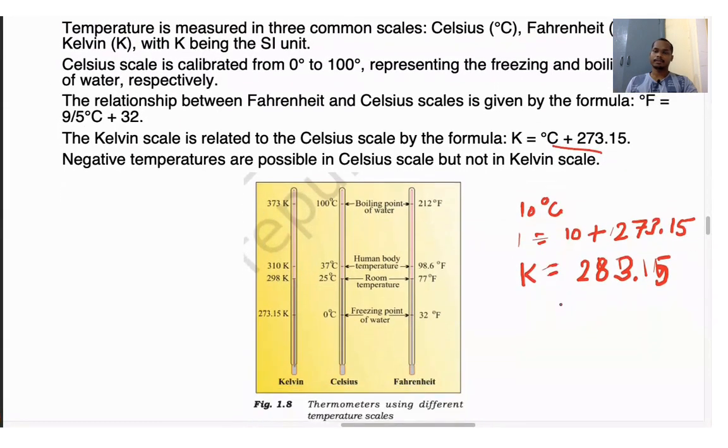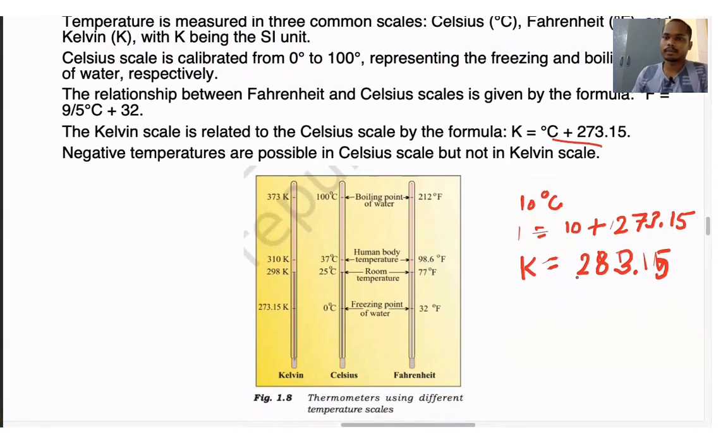So this is how we convert Celsius into Kelvin.